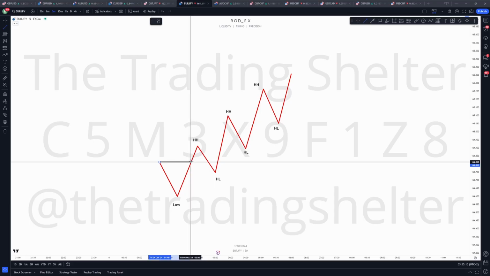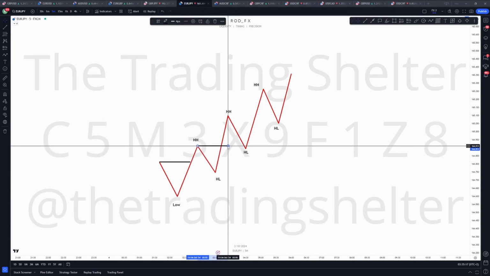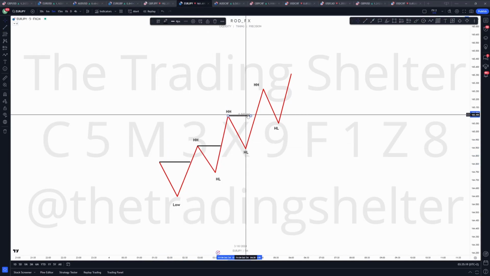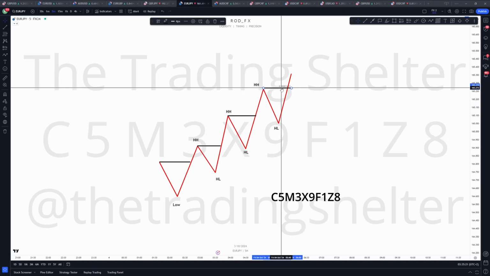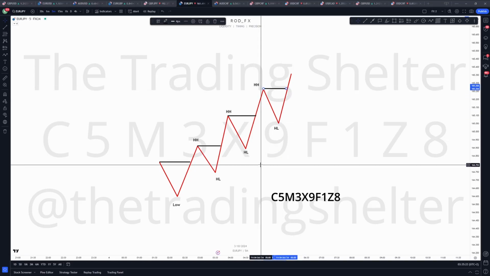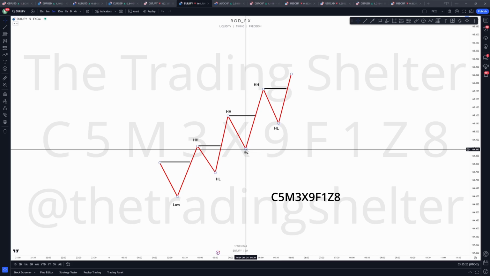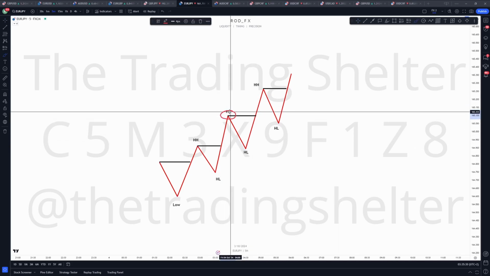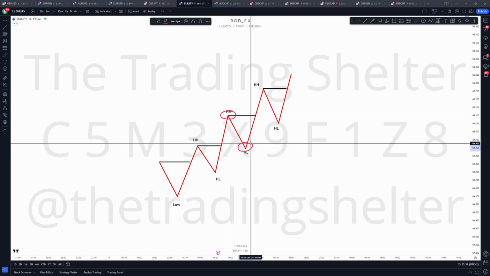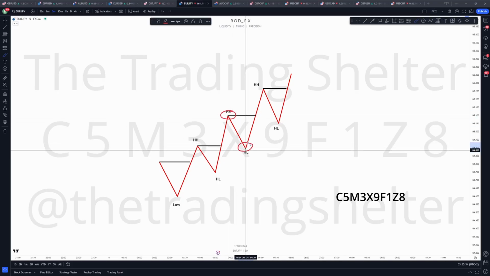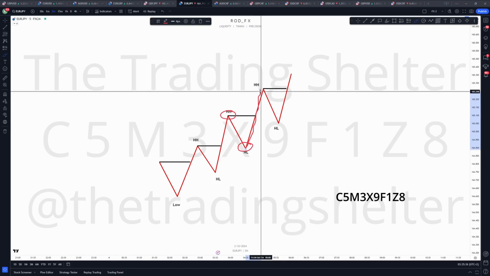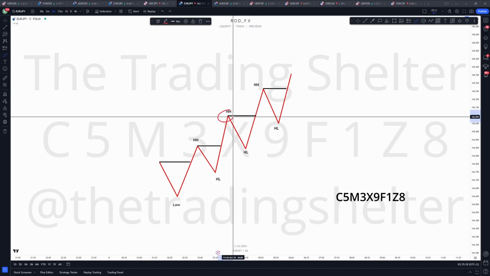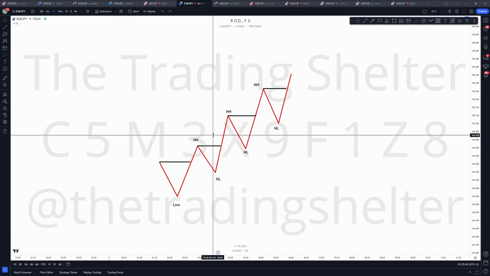All those breaks are actually what we call break of structure. Why? This point broke this point. So if this was the last high and this is the most recent low, if it goes above, it breaks the current higher high structure.